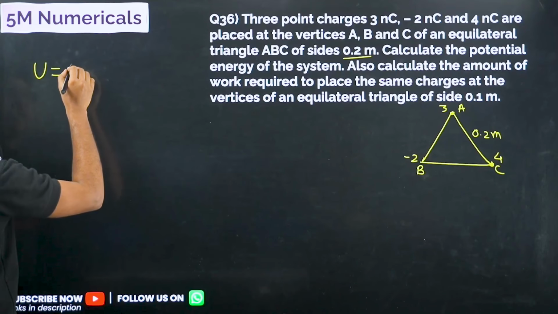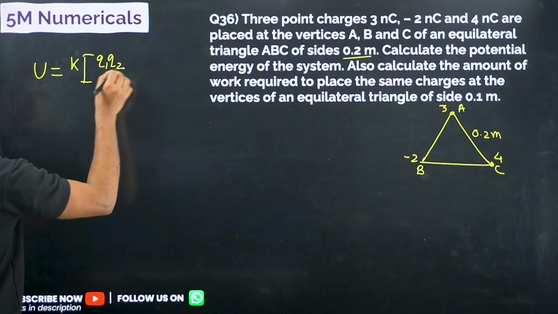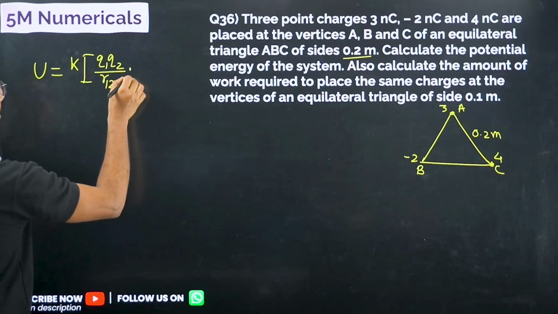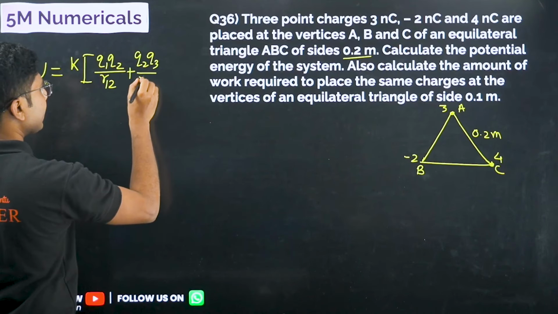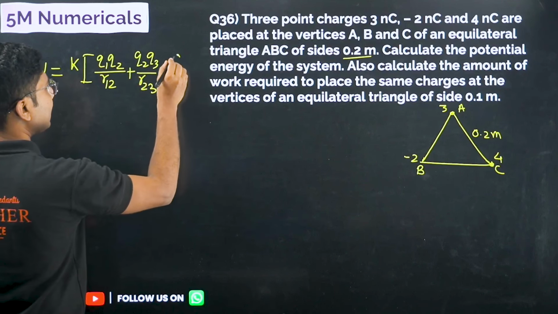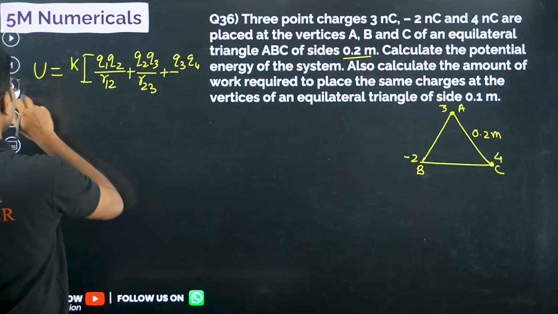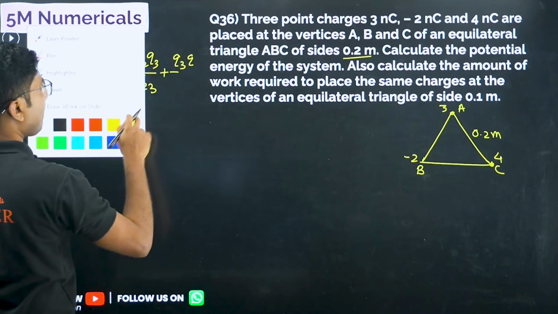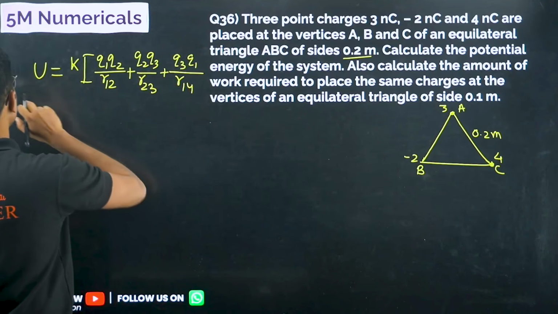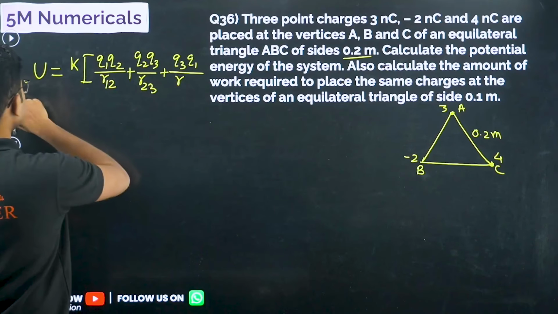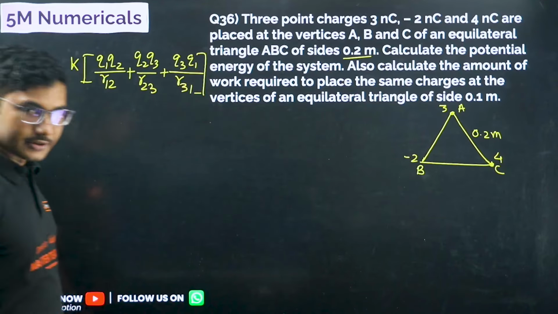It is given by K times Q1 Q2 by the distance between them, plus Q2 Q3 divided by the distance between them, plus Q3 Q1 divided by the distance between them. So this is the potential energy of 3 charges.